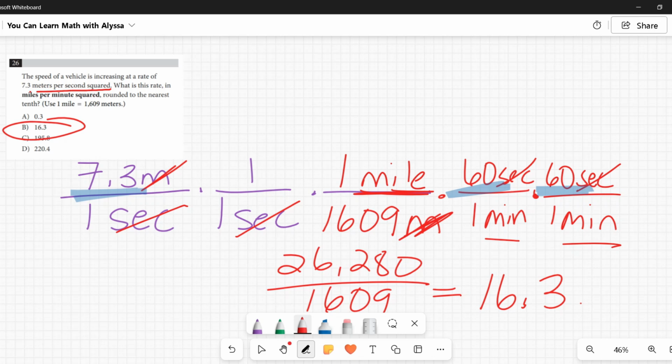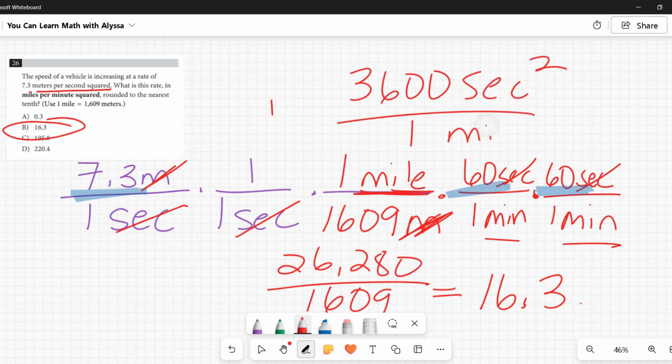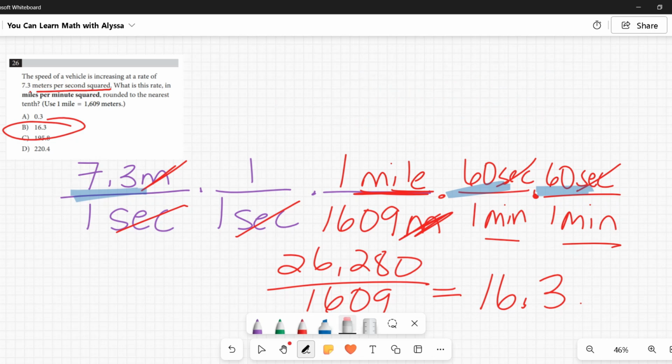I think in the answer key they did the ratio as 3,600 seconds squared is equal to 1 minute squared, if I'm recalling correctly. I don't know. That's not a ratio that most of us have off the top of our head. But we've learned that 60 seconds is 1 minute, so I think it's easier to visualize that way. Your mileage may vary. I hope that was helpful.